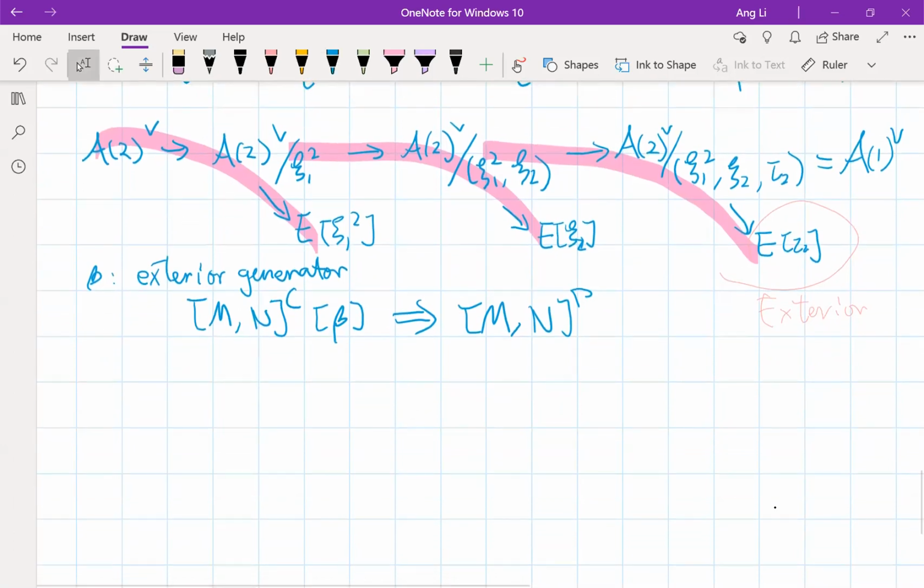Okay, so that is to say the vanishing condition on this M, N over C plus something about beta is gonna give me the vanishing condition on this M, N over gamma. And that is a famous lemma in my paper. Well, not actually, but yeah, that's a lemma in my paper and how that is affecting.